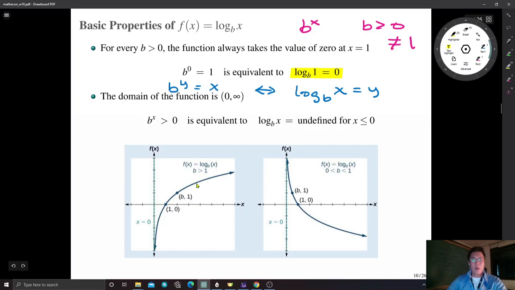Second, the domain of this function: the function is defined on the interval between 0 and infinity, because b to the power x is always positive.